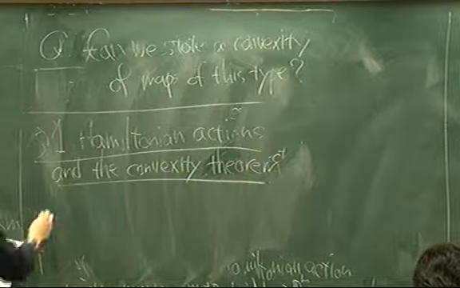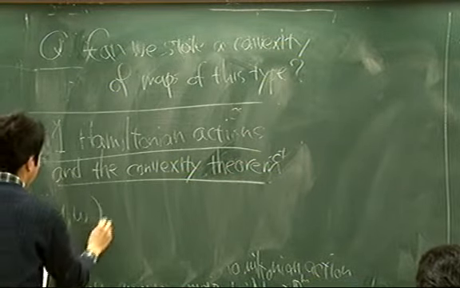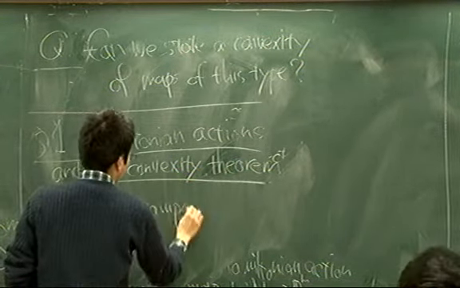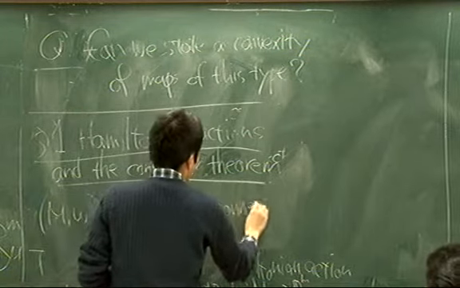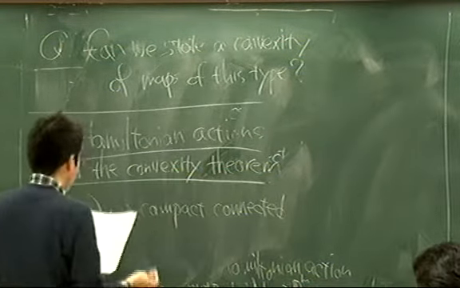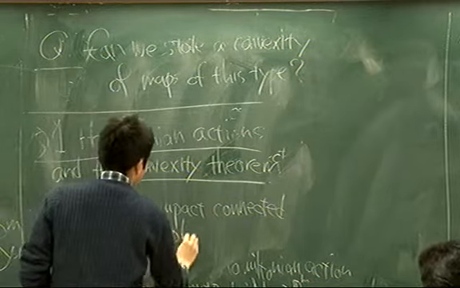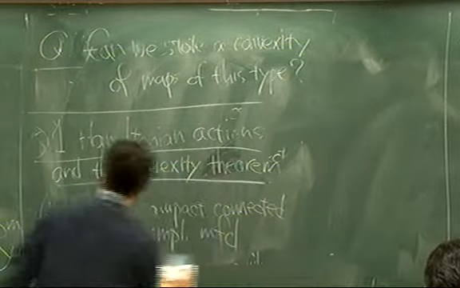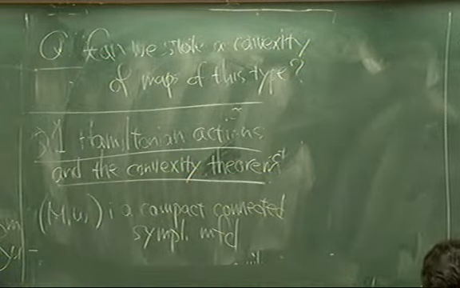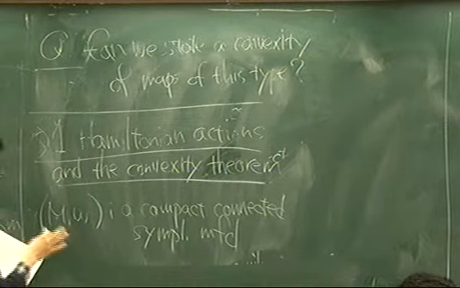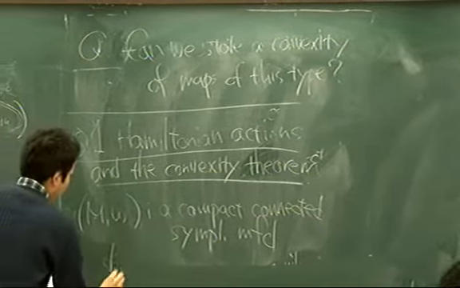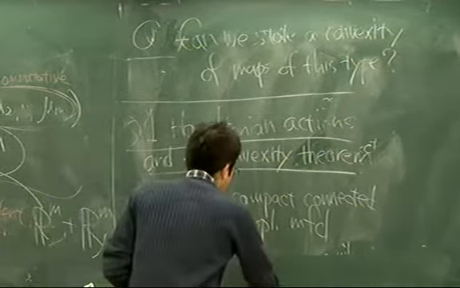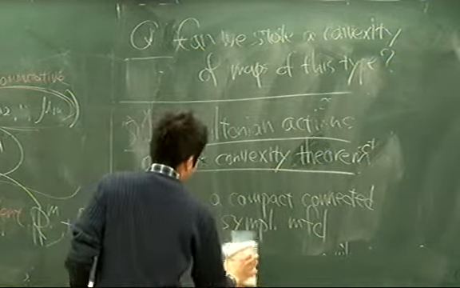So let (M, omega) be a compact connected symplectic manifold again. By the definition of a symplectic manifold, omega is a closed two-form which gives a non-degenerate pairing at each point of the manifold.